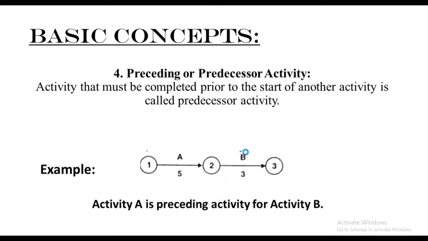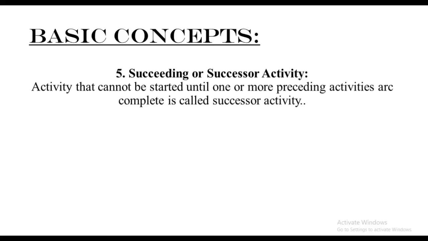Now, the next basic concept is the succeeding activity. An activity that cannot be started until one or more preceding activities are completed is called a successor or succeeding activity.